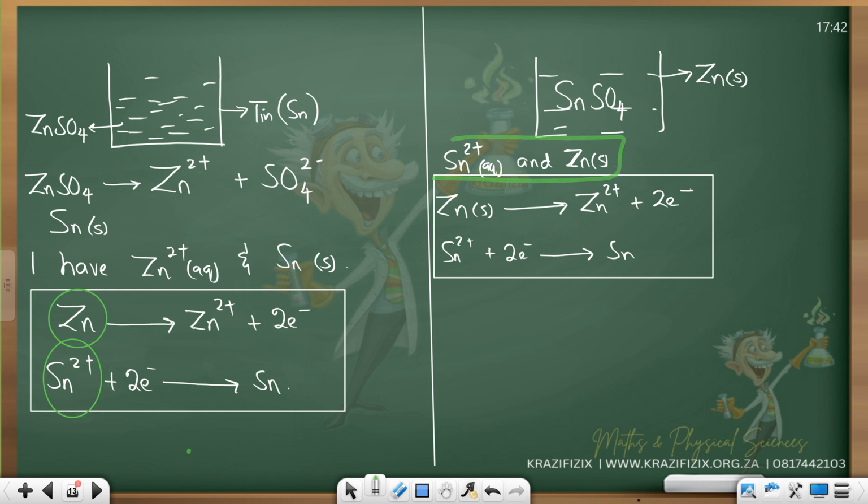The reactants here are the reactants on the left. Naturally, zinc will be converted to zinc 2 plus. So this zinc solid will be converted to zinc 2 plus, creating holes. The reaction occurs on its own. So oxidation and reduction will take place here. Nothing takes place here.